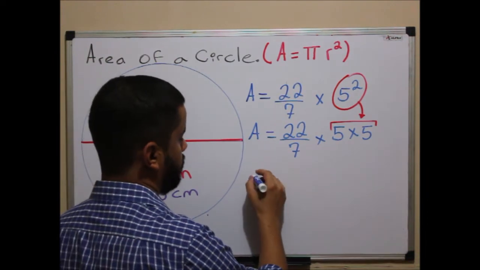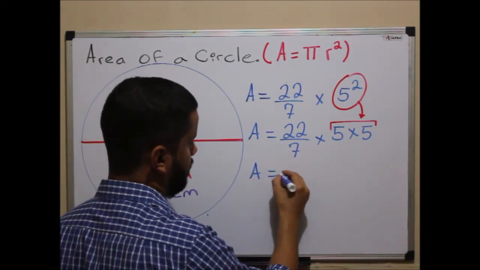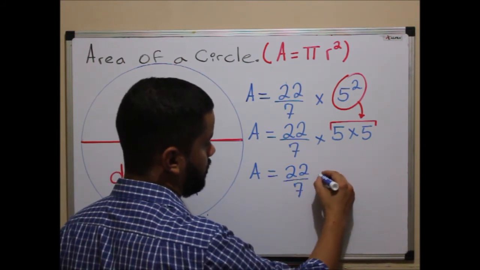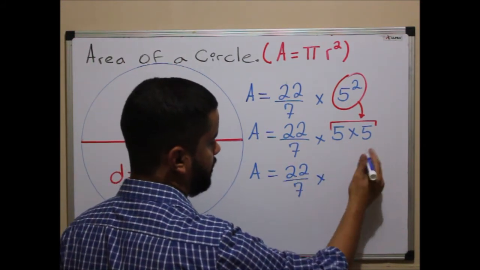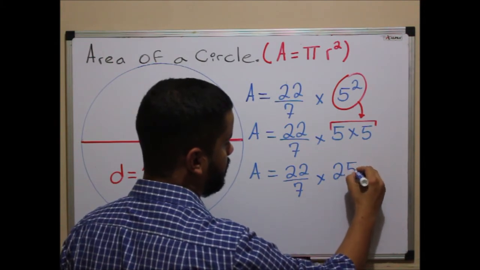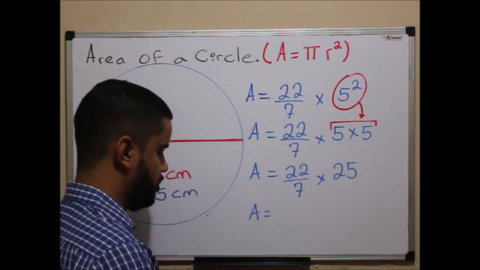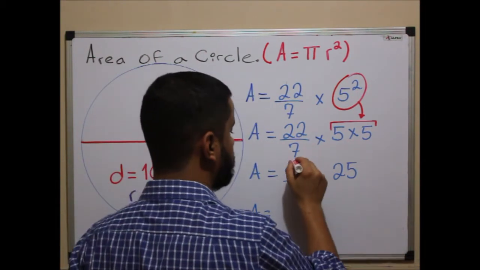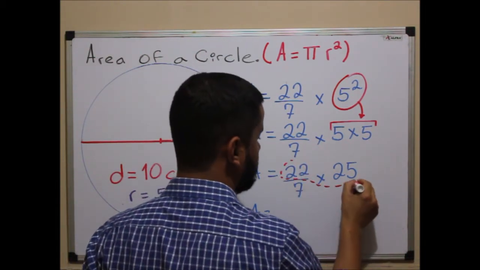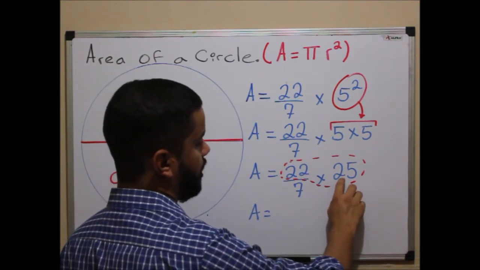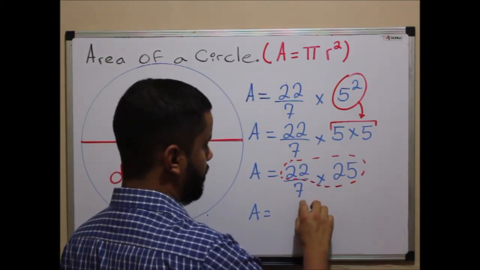Now we're going to have area equal to 22/7 times 5 times 5, which is 25. And now what we're going to do is multiply just the 22 times the 25, because we can't divide 25 by 7.